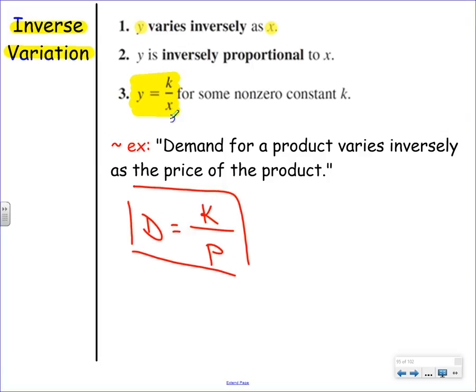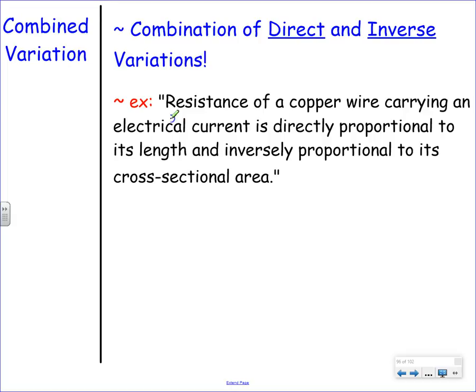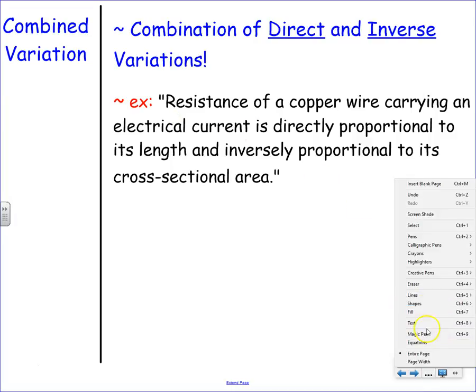Ooh, then we can talk about supply and demand, but that's not this class. Combined variation. There's no formula, because it just means there's a little bit of everything going on, direct and inverse. Combined variation is a snazzy math way of describing direct and inverse relationships going on.